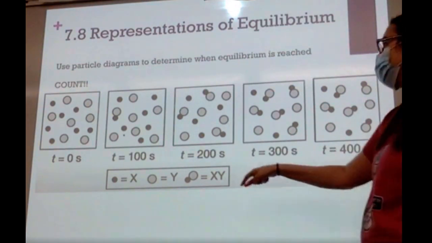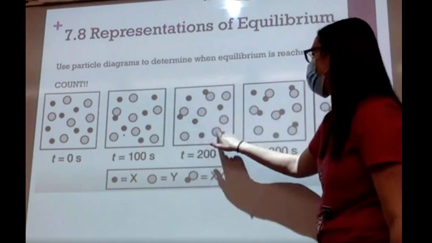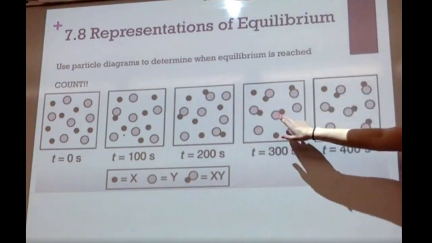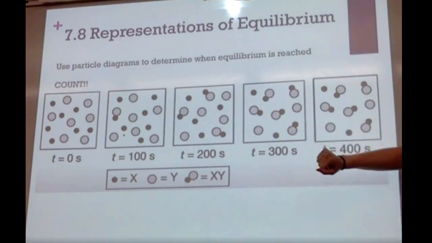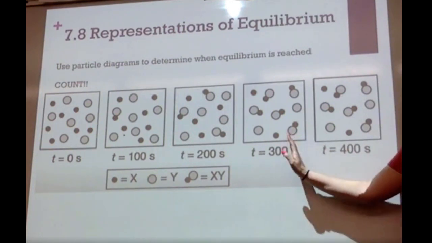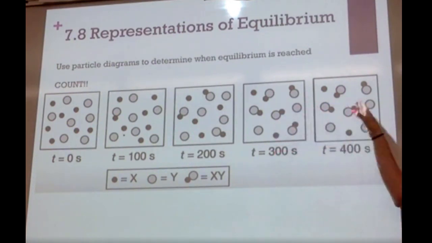So I notice at 200 seconds, I have 3 XY molecules. I notice here I have 1, 2, 3, 4, 5 XY molecules. So I noticed that at 300 seconds, from then on, concentrations remain constant. That tells us we've reached equilibrium.